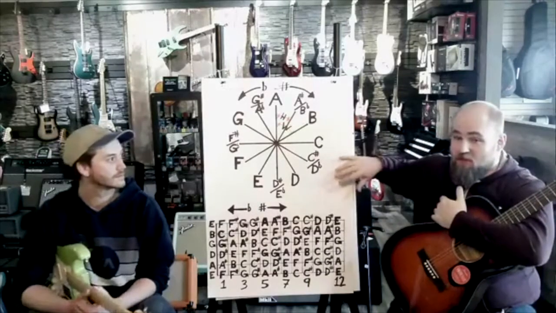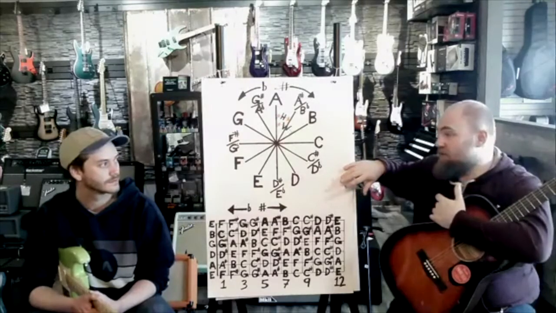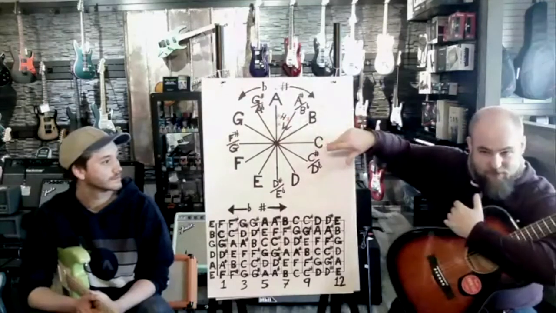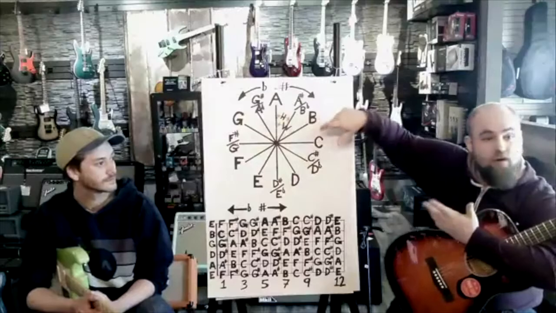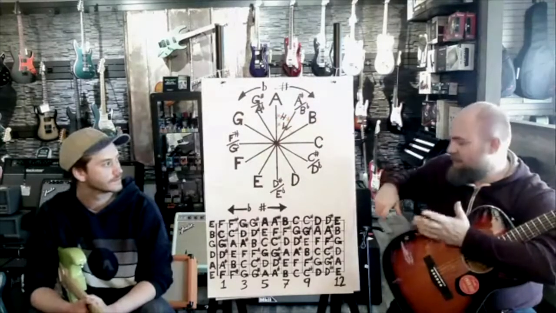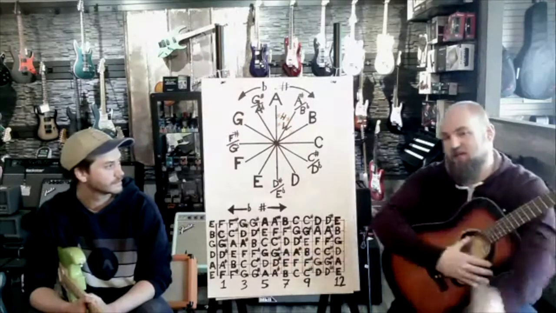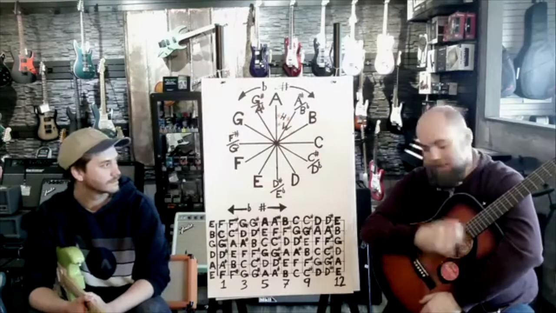There are 12 notes in the chromatic scale that we use generally in Western music. And it goes in an infinite circle forwards, clockwise going sharp or up in pitch, counterclockwise going flat or lower in pitch. And as it applies on the guitar, our guitar's tuned E, A, D, G, B, E.